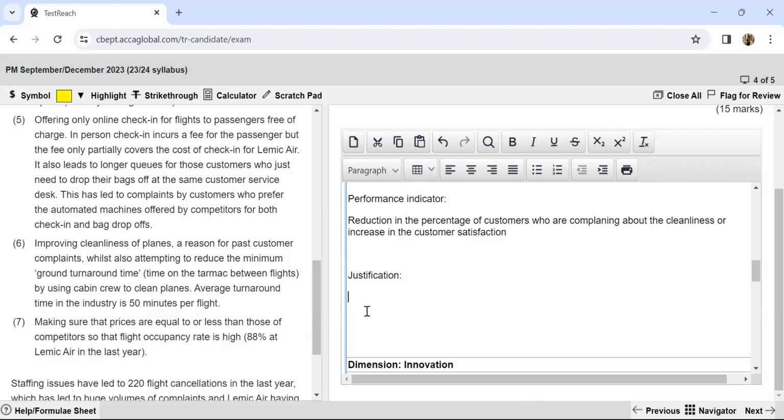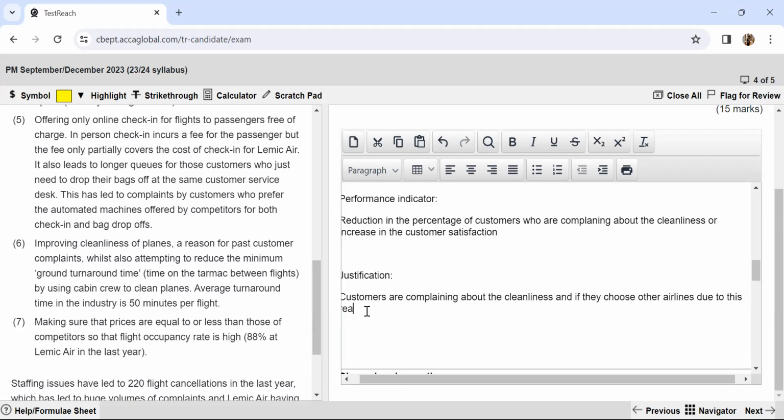And how can we justify this? We have to justify this by saying that this is important because customers are complaining about the cleanliness, and if they choose other airlines due to this reason, this will lead to loss in market share as well as the revenues.